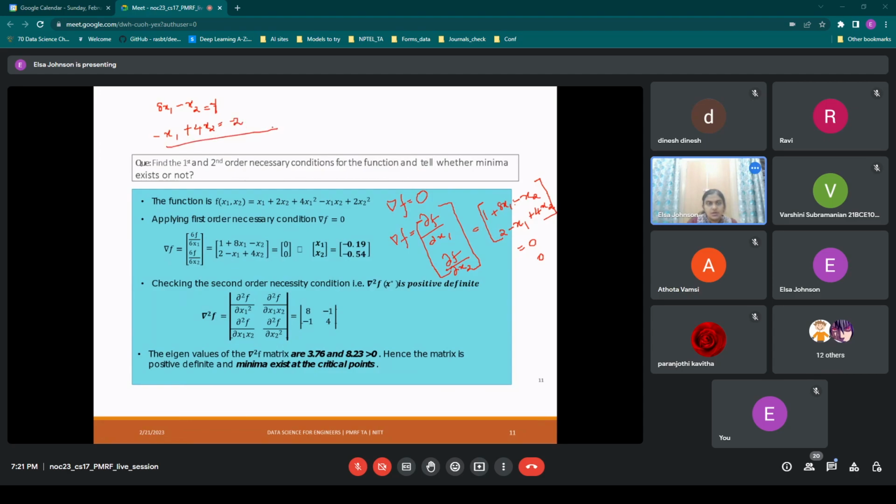So you can solve for this one, or you can solve it in the calculator also.